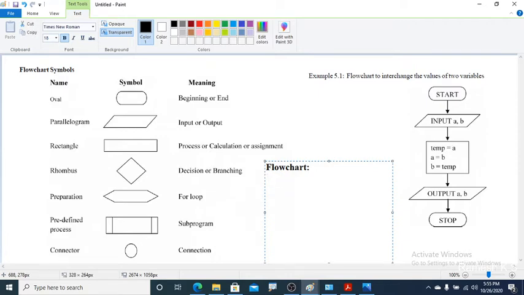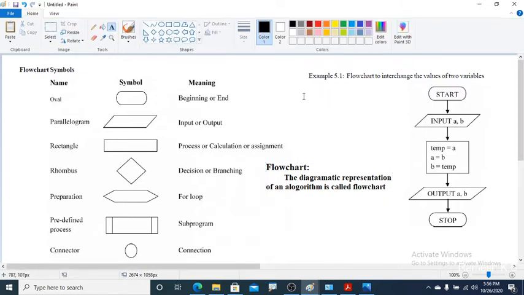A flowchart is a diagrammatic representation of an algorithm. That is called a flowchart.